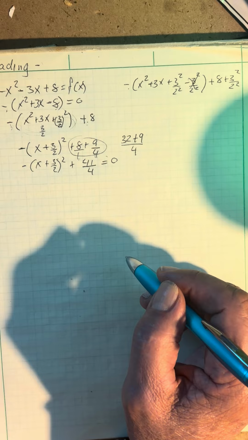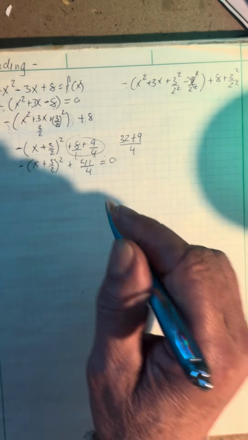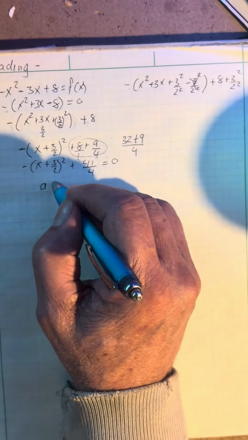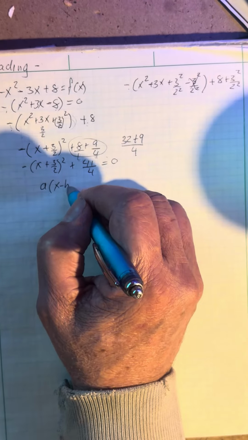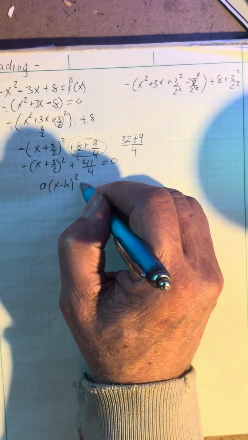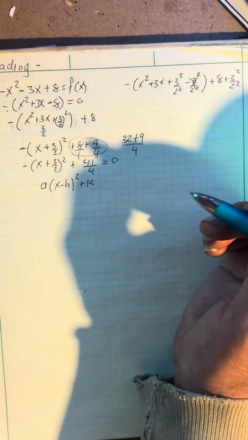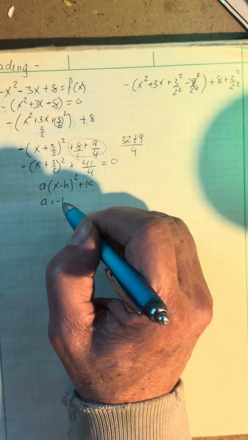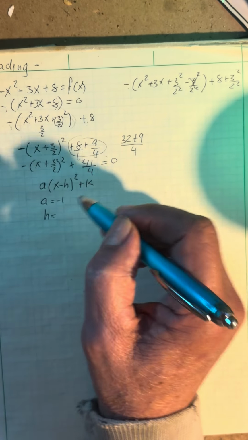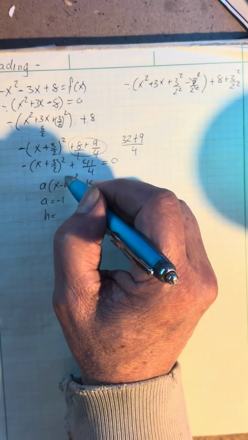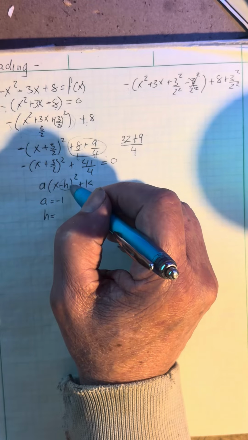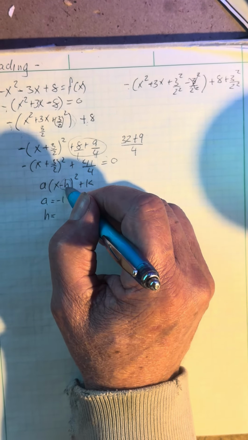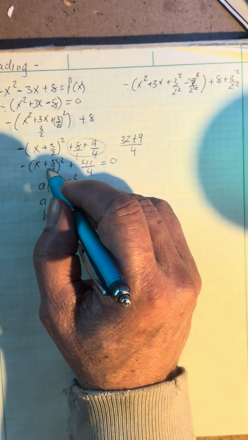Okay, and this is in standard form. What does it mean? The standard form is x minus h squared plus k. In this case, the h in the formula has a negative sign, but here it is positive.